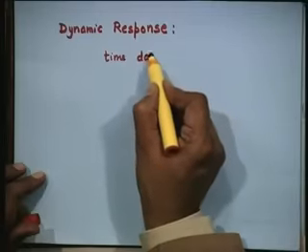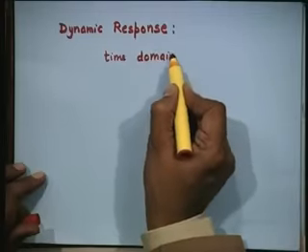See, the studies can be done in time domain as well as S domain, that is frequency domain. At times it is easy to work in frequency domain, at times it is easy to work in time domain. Time domain is realistic because things do happen in time.